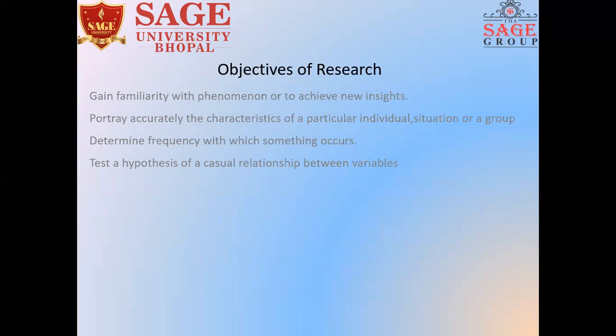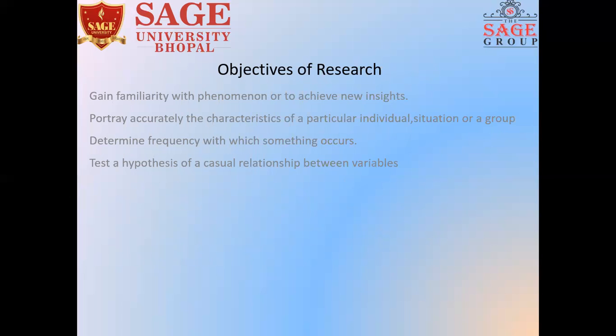Then, what are the objectives of research? It is the objective of a researcher to know about a particular thing which he is researching. That's why he is searching, right? That thing can be in the form of a human being, it can be in the form of a given situation, about a particular group or about a particular organization.